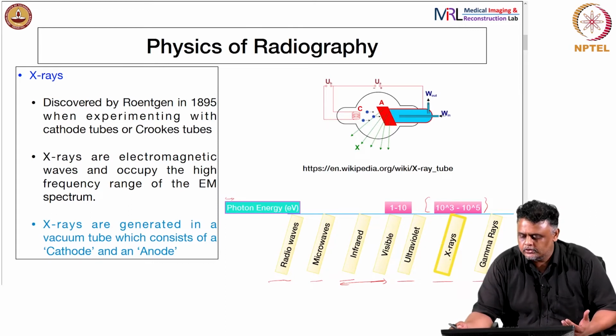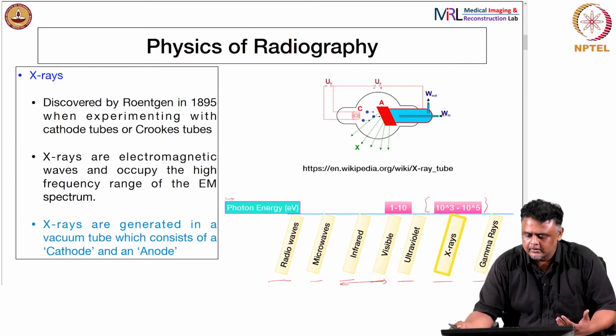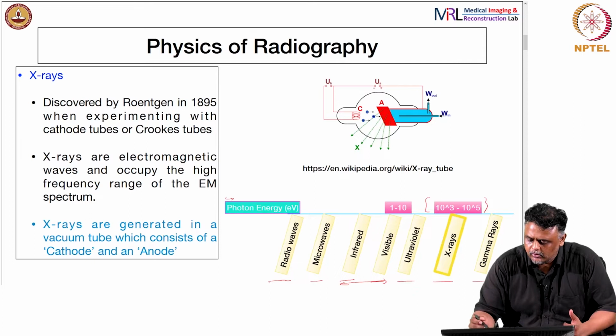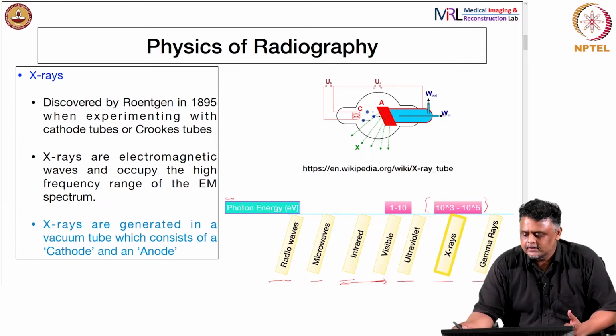For instance, in an X-ray computed tomography machine, you would have something of the order of 80 to 150 kV. These are some typical numbers. These translate to about 10 raised to 3 to 10 raised to 5 electron volts. This is the range in which medical X-rays are typically used, and a lot of the X-ray applications fall in this range.